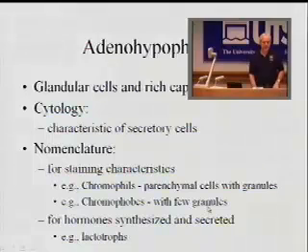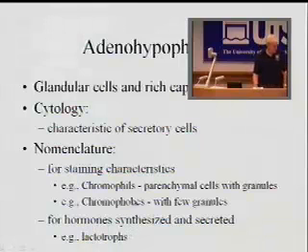So obviously the stain that's being used to view these parenchymal cells and end up with this nomenclature is targeting something within the granules. And they also have nomenclature for the hormones synthesized and secreted, such as the lactotrophs.